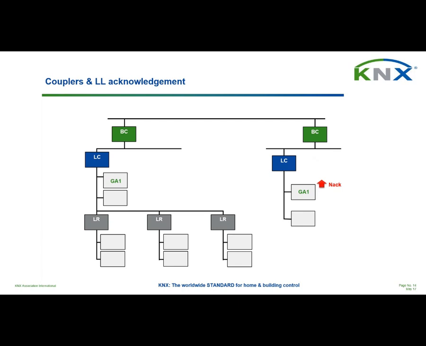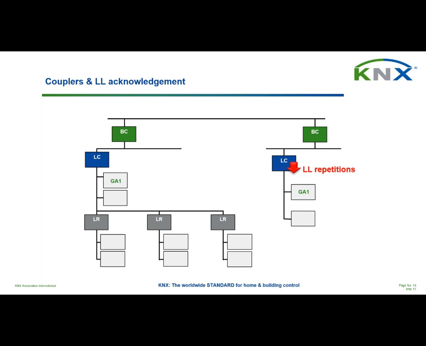If, however, the device would send a negative acknowledgement, in that case link layer repetitions would be required. Those link layer repetitions come from that last line coupler. So the repetition will not come from the source device. That is again an aspect of couplers where they help in optimizing bus traffic.